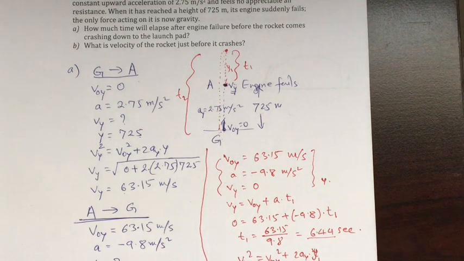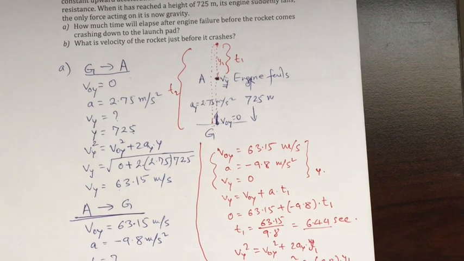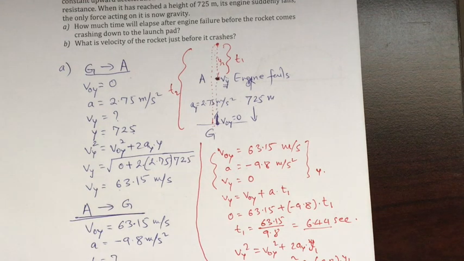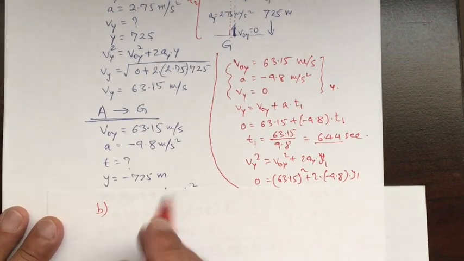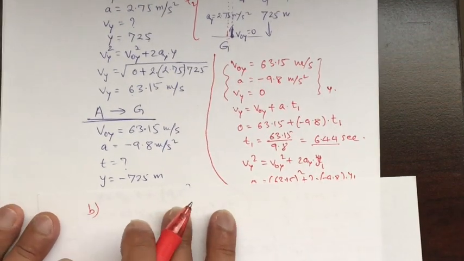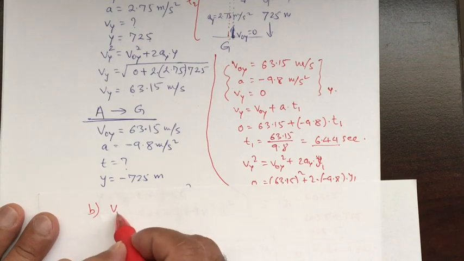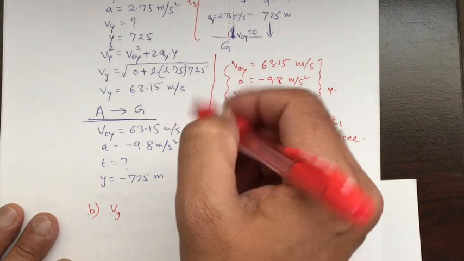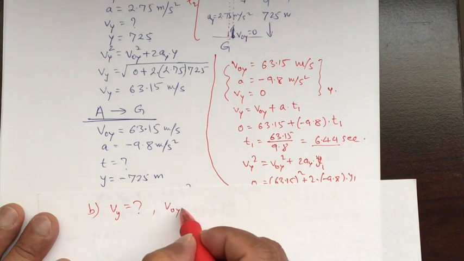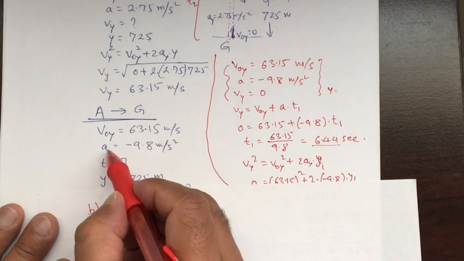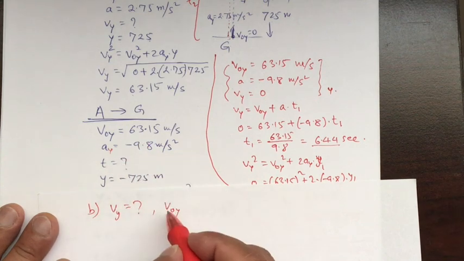So let's say, since you have already done this one, let me use this one. Part B, what is your velocity? From this information, what is the velocity here? Vy at the bottom equals what? Your V0y is the same, ay is the same, all the information is there.